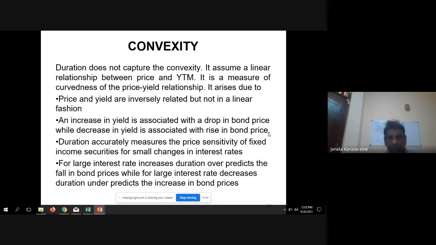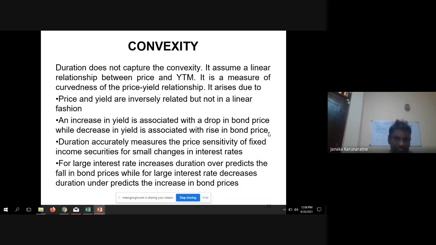Duration accurately measures the price sensitivity of fixed income securities for small changes in interest rate. Remember, for small changes, we can use the formula without any adjustment. But for large interest rate increases, duration overpredicts the fall in bond price, while for large interest rate decreases, it underpredicts the increase in bond price.